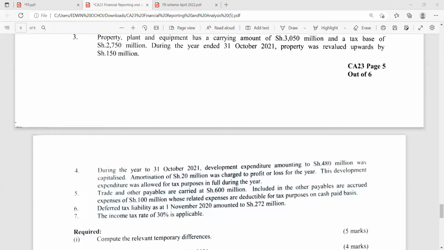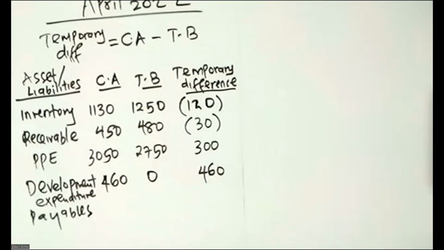So for the tax base, I have to take 600 minus 100 and get 500. But the carrying amount, I have to state at 600.